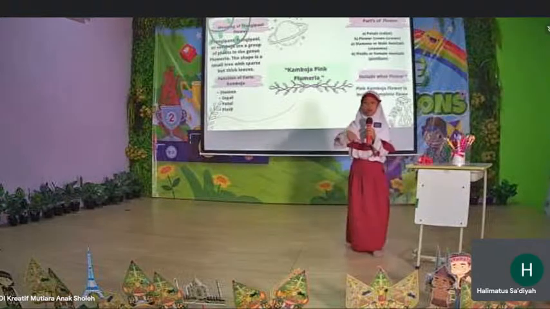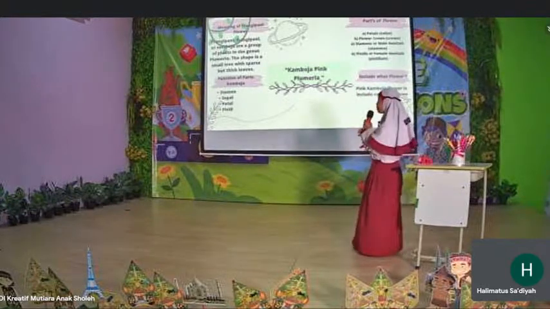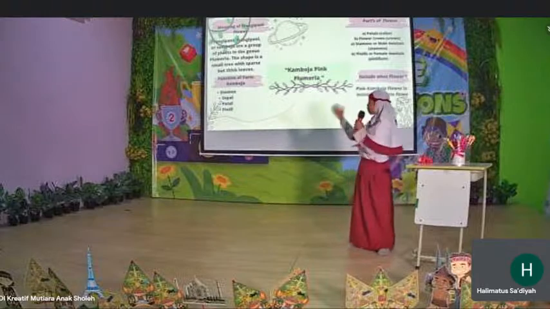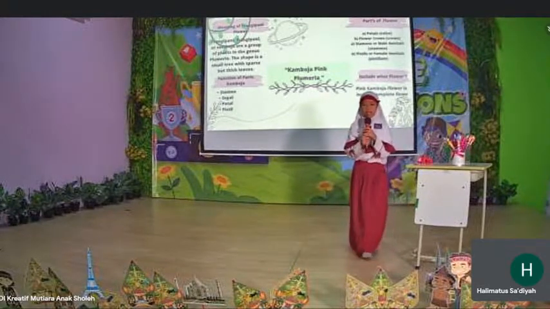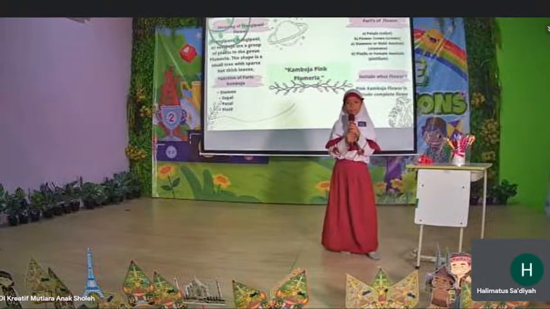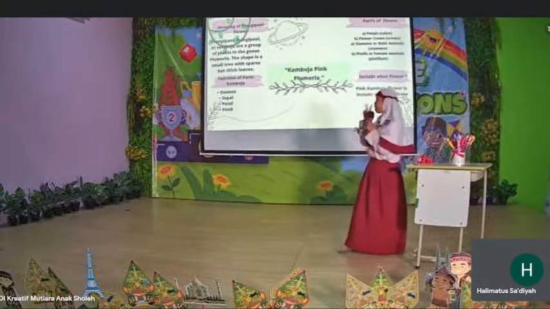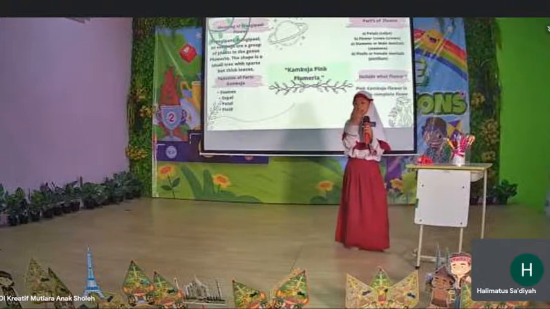Now I want to tell you about the function of the parts of the Kamboja. The first, the stamen. The stamen produces the pollen grains, and the second is the sepal.